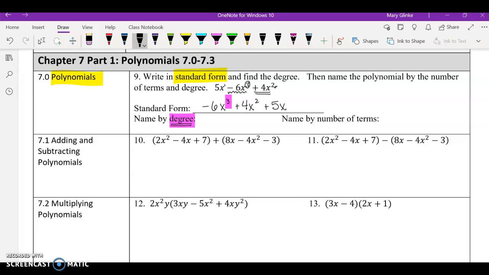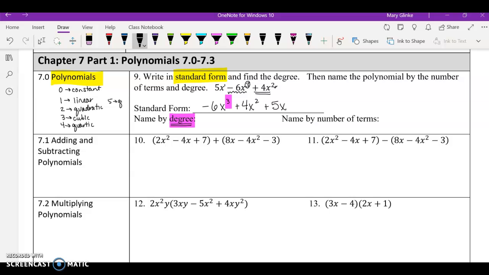Something to the 0 power, meaning just a number, is a constant. Something to the first power is called a linear. Second power is quadratic. Third power is cubic. Fourth power is quartic.